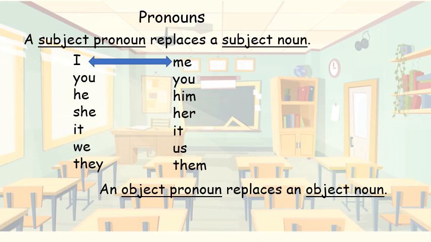I is the subject pronoun. Me is the object pronoun. You is a subject pronoun, and it's the same for the object pronoun, you. Subject pronoun is he. The object pronoun is him.